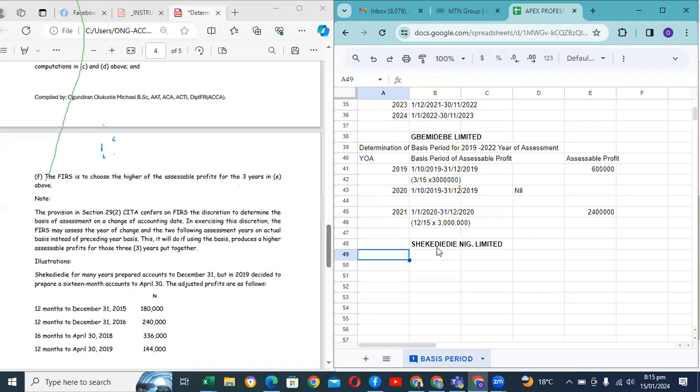Shekedede for many years prepared accounts to December 31st, but in 2019 decided to prepare a 16-month account to April 30th.